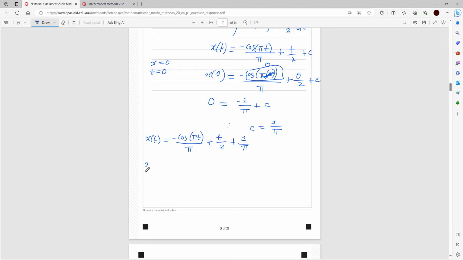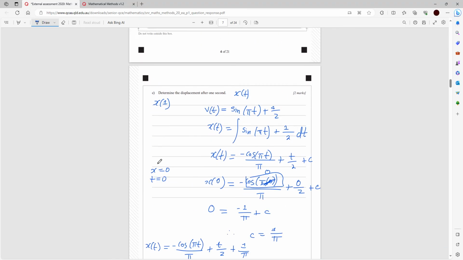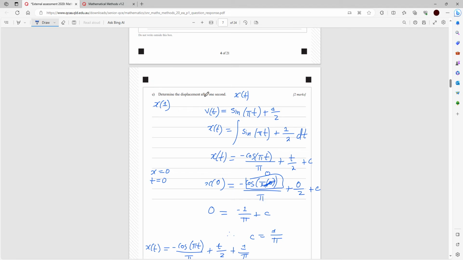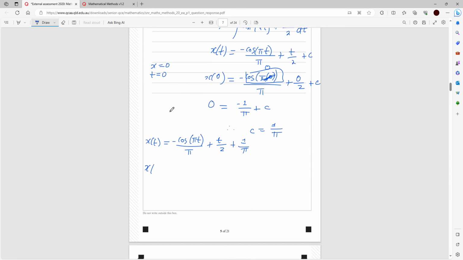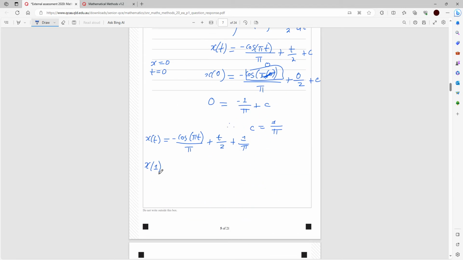So if I look for, what did we look for? The displacement after 1 second, so that means x of 1 equals negative cos, and wherever there's a t, just chuck in a 1 pretty much. Pi plus 1 on 2 plus 1 on pi.